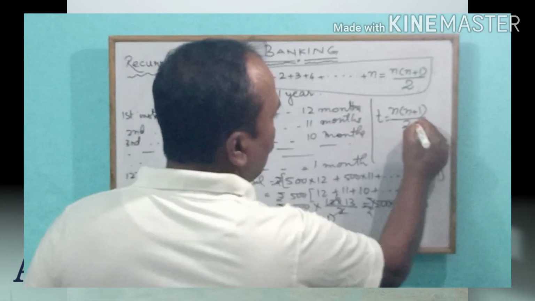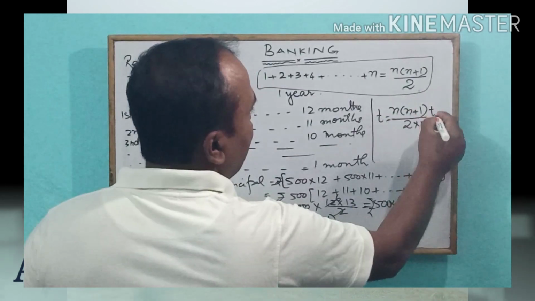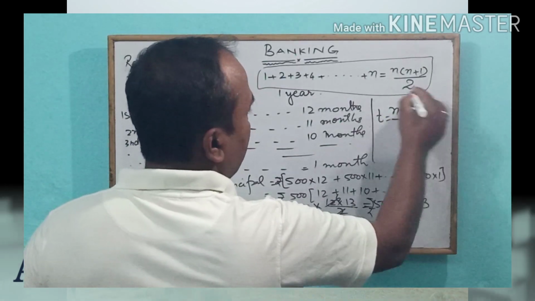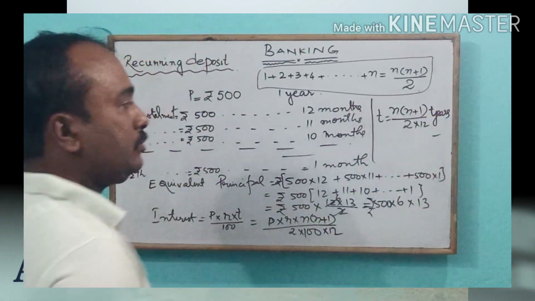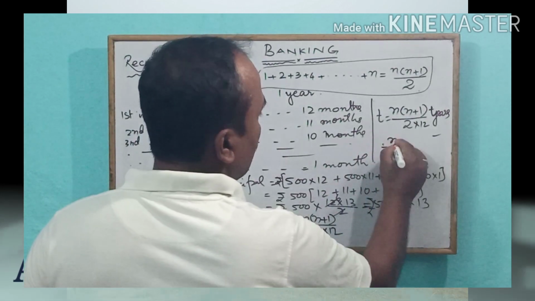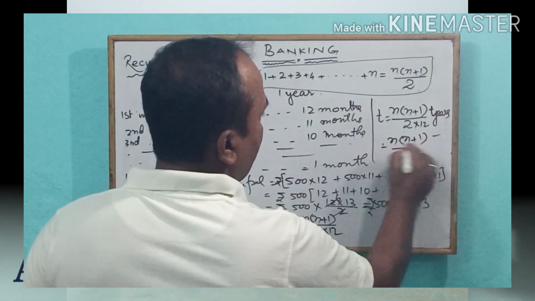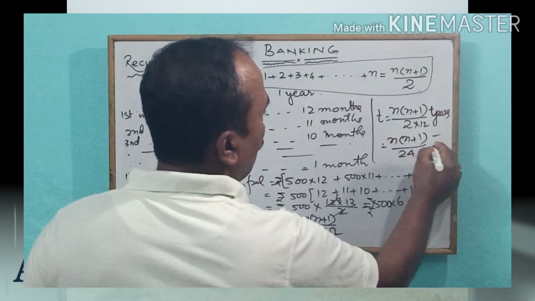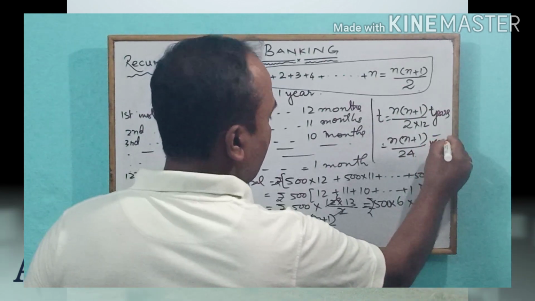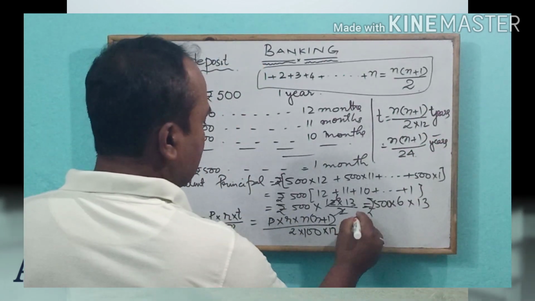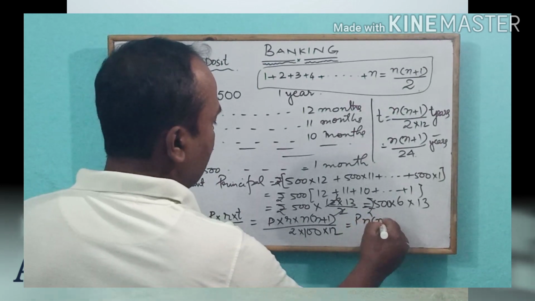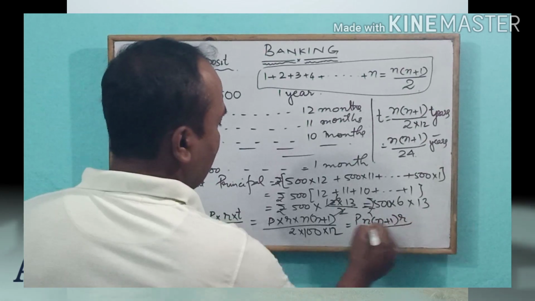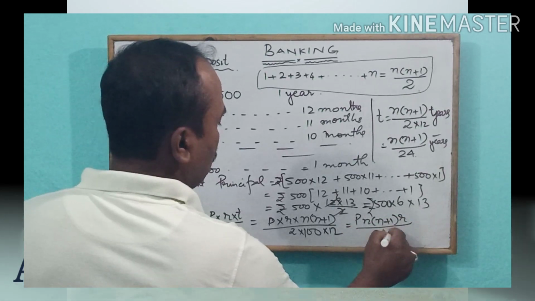So dividing by 12 will give you the time in terms of years, or time is n into n plus 1 by 24 years. So the formula is P into n plus 1 into R by 2400.